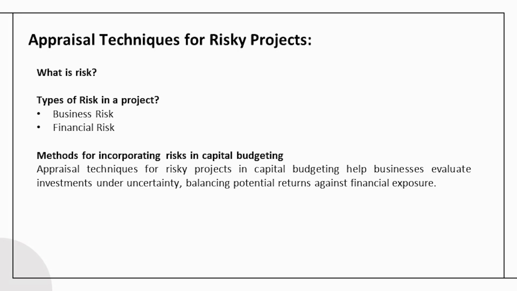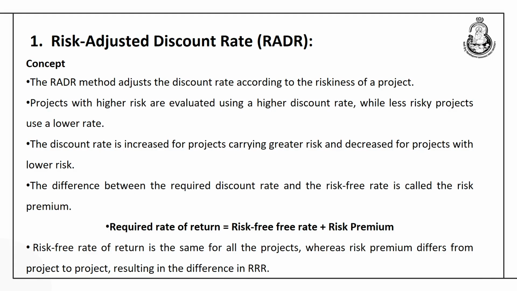So, here we are going to discuss some of the methods which can help the manager to find out the most viable project in the situation of uncertainty. The first method here is known as the RADR, risk adjusted discount rate. Friends, we have seen that all the future cash inflows are converted to their present value. What is the rate? What is the PV factor that is helping us?